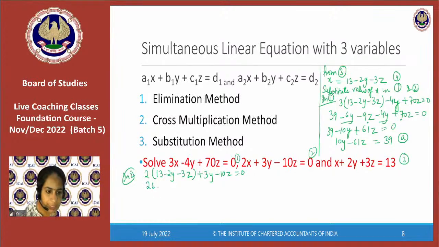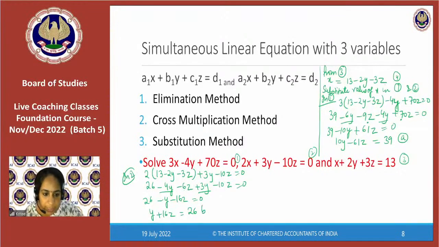So 26 minus 4y minus 6z plus 3y minus 10z equals 0. So minus 4y plus 3y makes it minus y. Minus 6z minus 10z makes it minus 16z. Plus 26 equals 0. So y plus 16z is equal to 26.